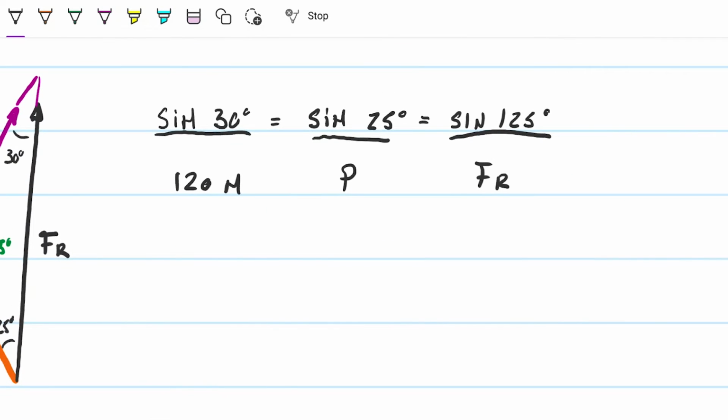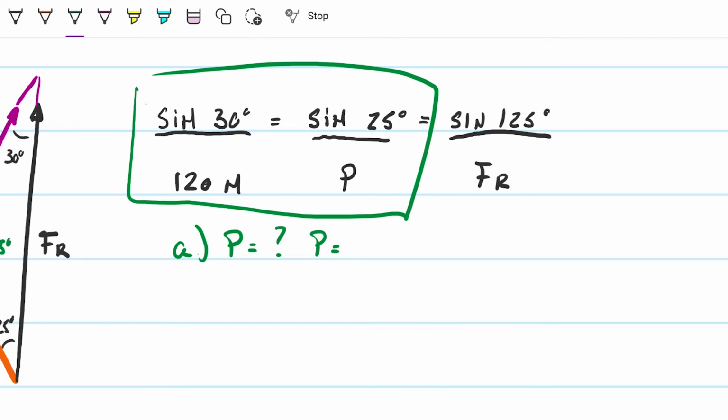So if I'm looking for P, well, part A, let me do this. Part A is asking what is P, and therefore P is equal to, I'm just going to grab this side of the equation and solve for P, so P is going to go over here, and 120 over here, and 30 over here, right?